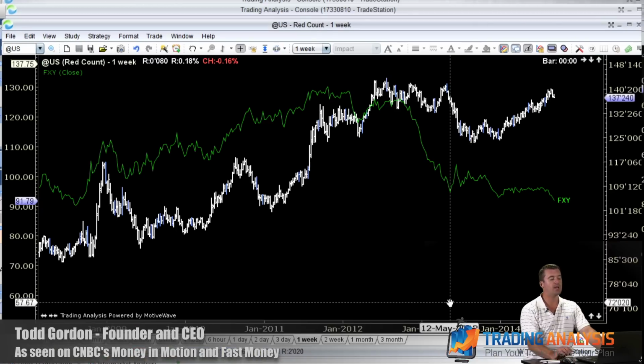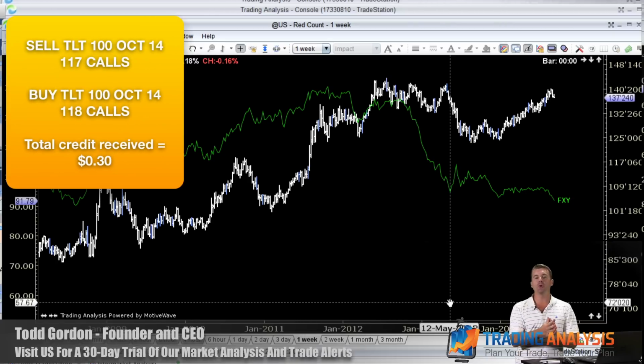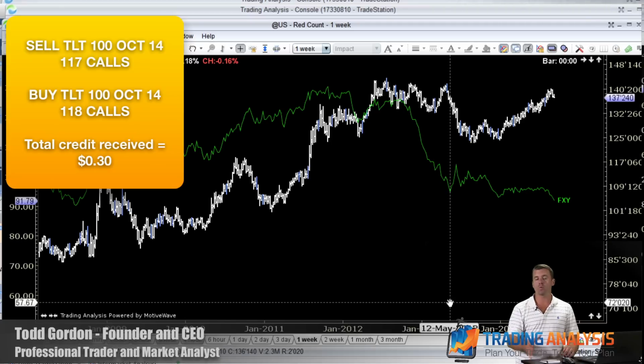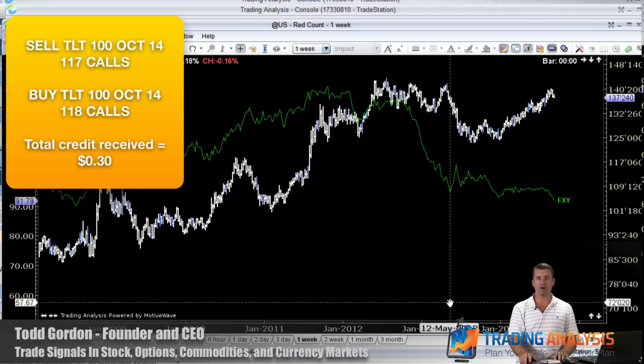We want to see that yen continue to break down, which is going to fuel this trade. So remember, in October's we're going to do the 117, 118 vertical call spread. We're going to sell it, collect a third of the width of the strikes, about 30 cents, and we want to continue to see that yen, that FXY, break down for intermarket confirmation.